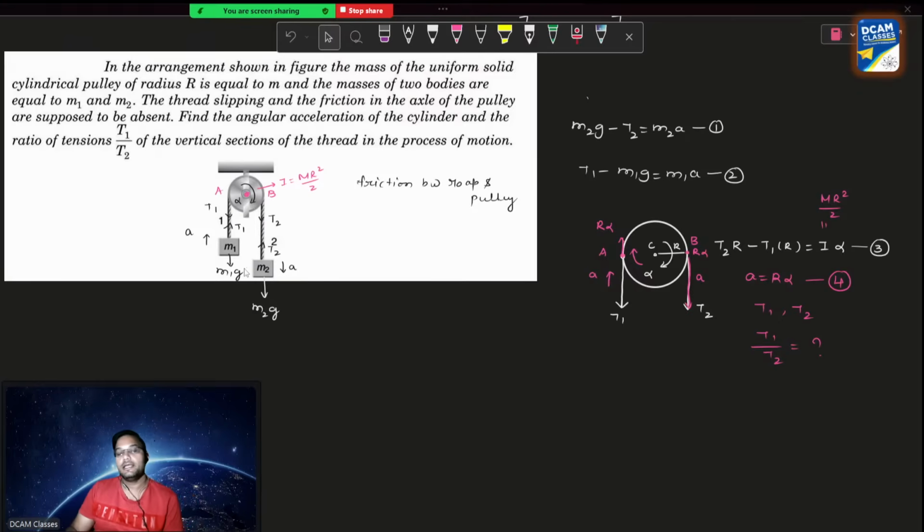Earlier, what was the difference with the Newton's law cases that we used to discuss? In that case, there was no friction between the string and the pulley. The string used to slip on the pulley and the pulley used to not rotate. Pulley was stationary. Now in this case, because of the friction between the string and the pulley, the string is moving and the pulley is rotating. Understood?